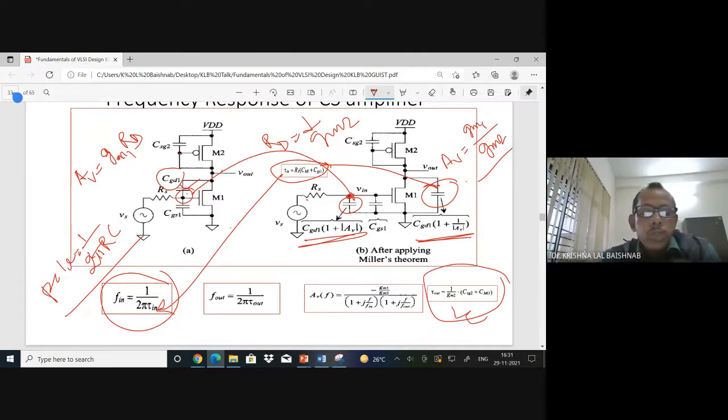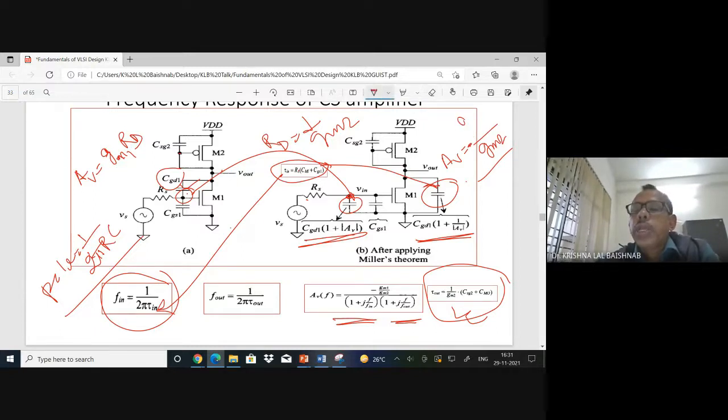You understood the two frequencies. So this is the frequency response transfer function. Gain is GM1 by GM2. The minus is there because it's a common source amplifier, so I would have a gain with a minus. If I take the mod, it will be GM1 by GM2. Remember, please, it is GM1 by GM2.